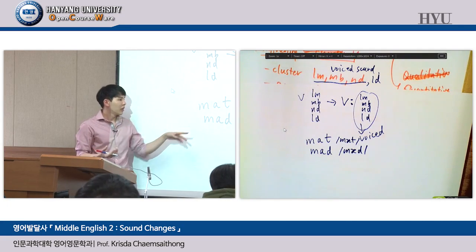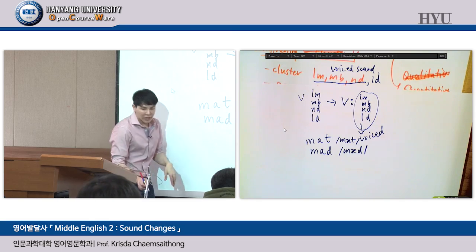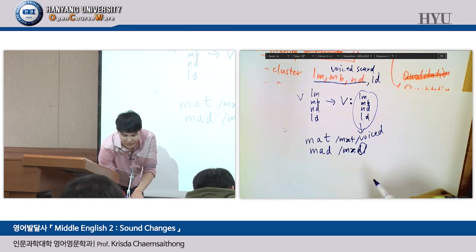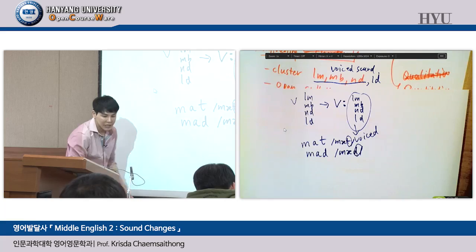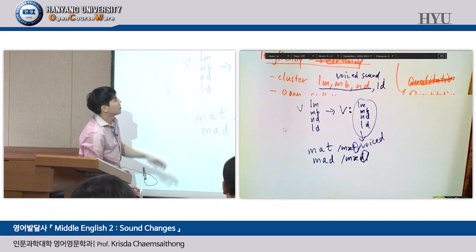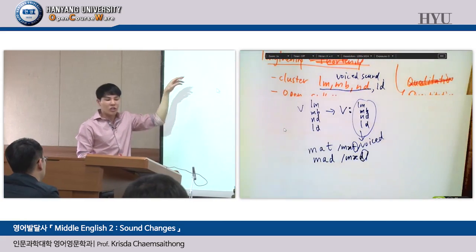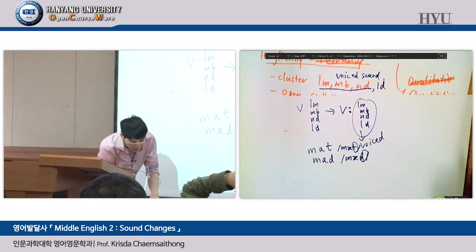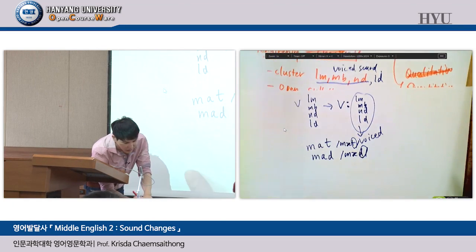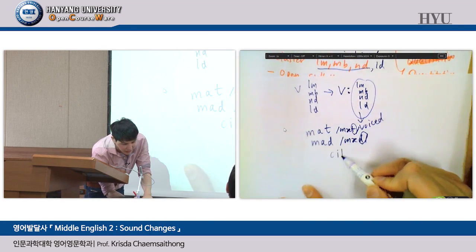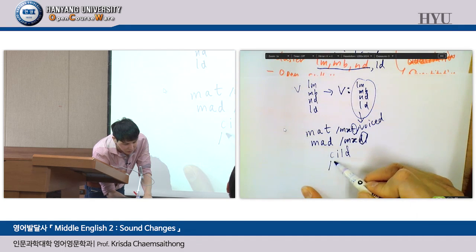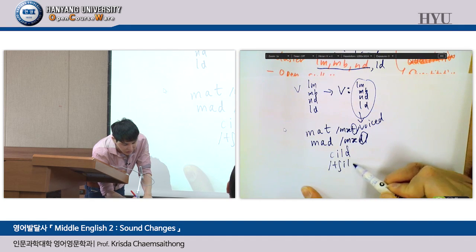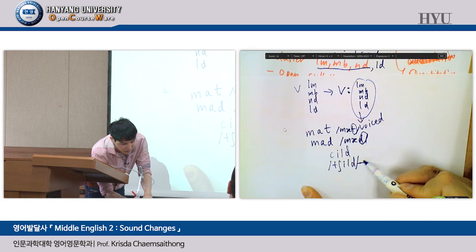Which one is longer? Mad, right? Why? Because this is a voiced sound. This is a voiceless sound, right? So it makes sense to lengthen the vowel in this kind of cluster. So as a result, words like CILD in Old English, which is pronounced like chilled in Old English, this is Old English.